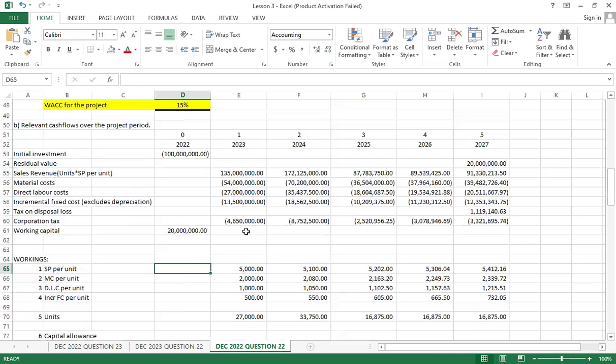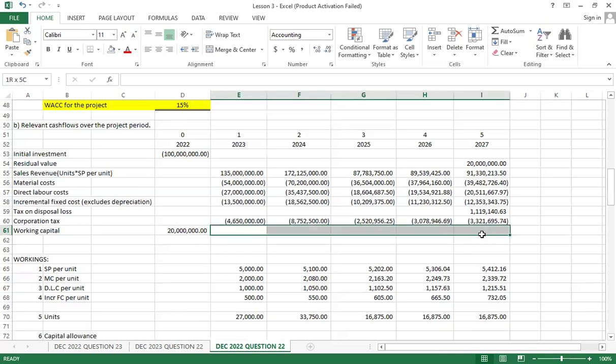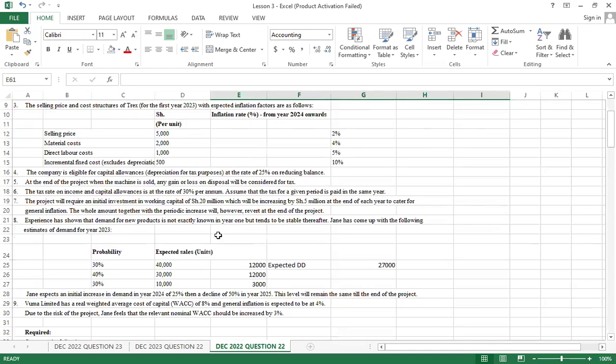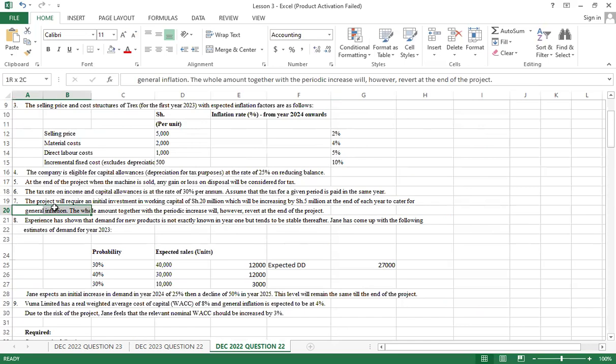What about the periods which follow? The question says that after the initial 20 million, this will be increased by 5 million shillings at the end of each year to cater for general inflation. We are then told that the whole amount together with the periodic increase will, however, revert at the end of the project.